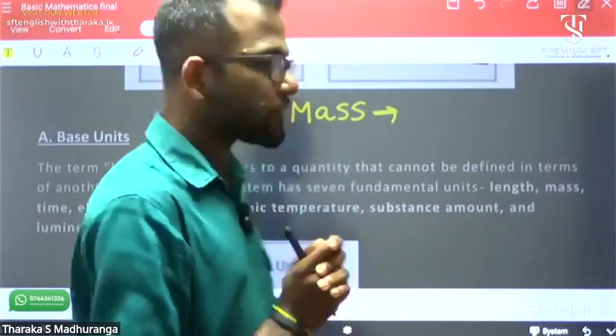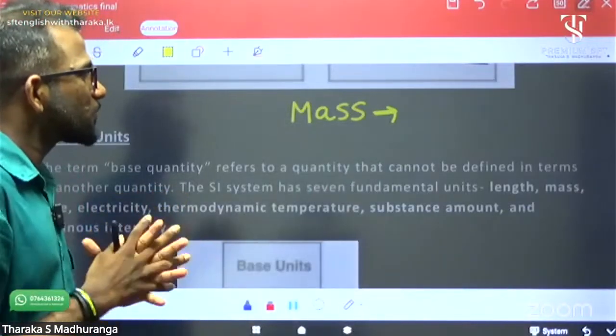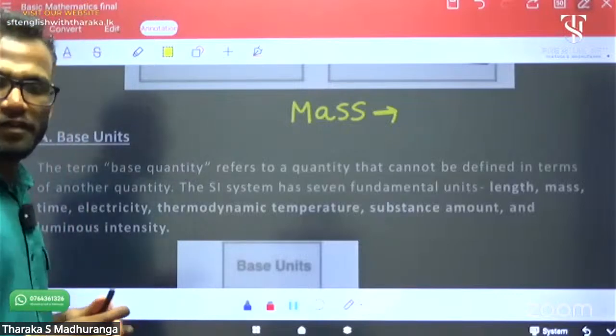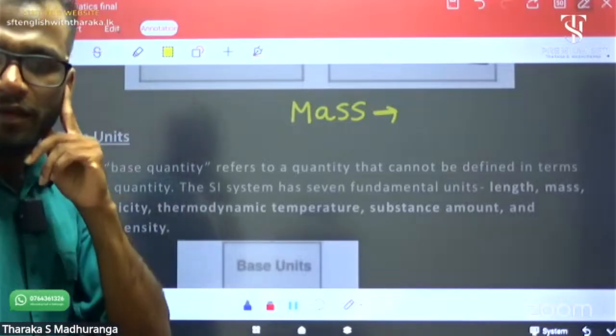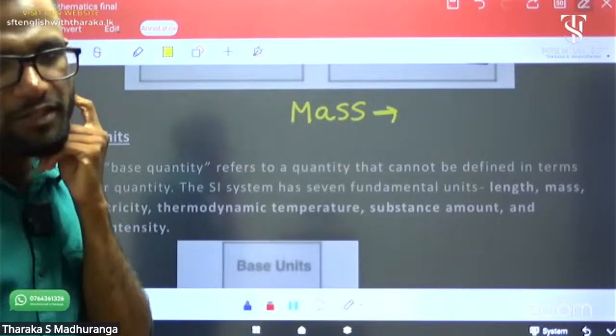Vishakha? No? Sorry, I'm still not familiar with the names. Sorry about that. Okay. Vishaka or Vishakha? Girl or boy?